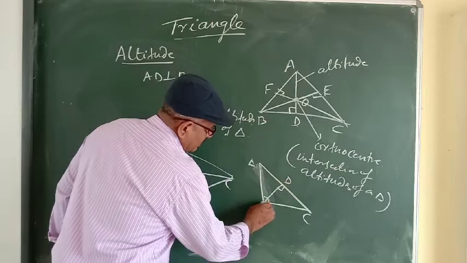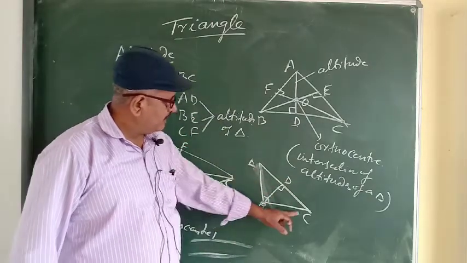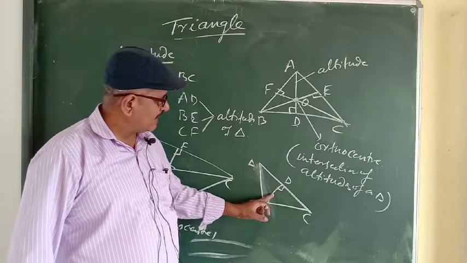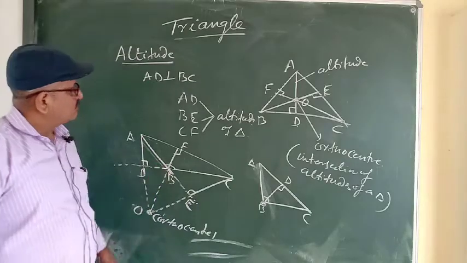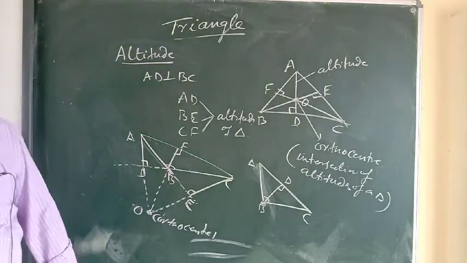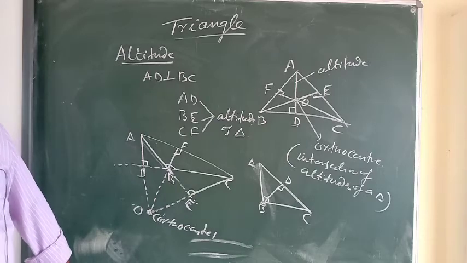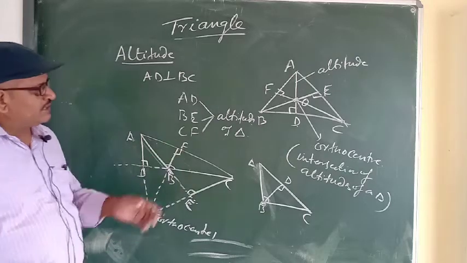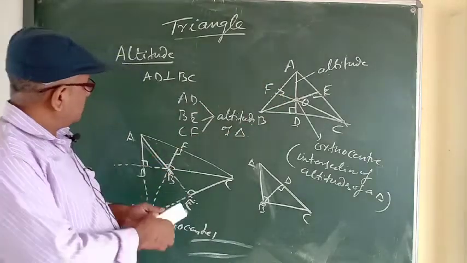So this point B will be the orthocenter. AB, BC and BD, these three altitudes meet at point B. It is about the altitude of triangle, and intersection of altitudes is called orthocenter. It may lie inside or outside the triangle.